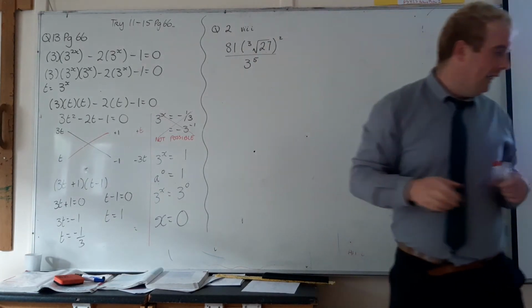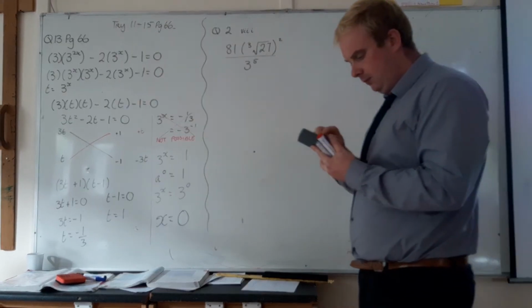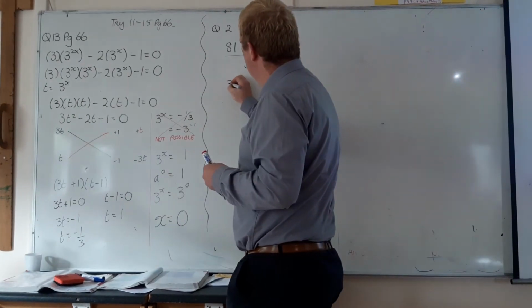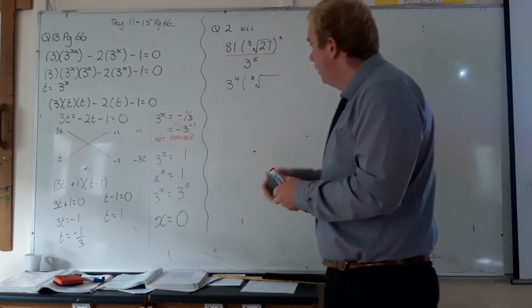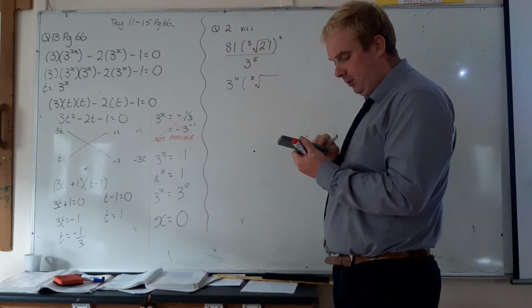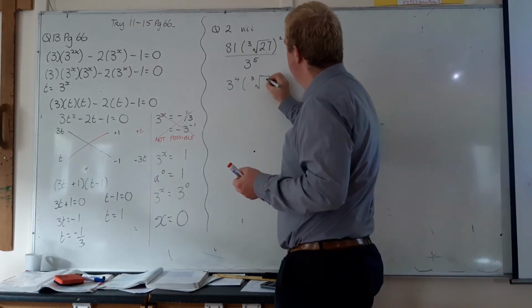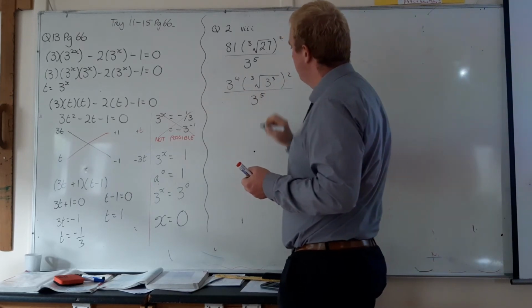So using the calculator, we can get that 81 is 3 to the power 4. 27, we do shift fact, is 3 to the power of 3, all over 3 to the power of 5.